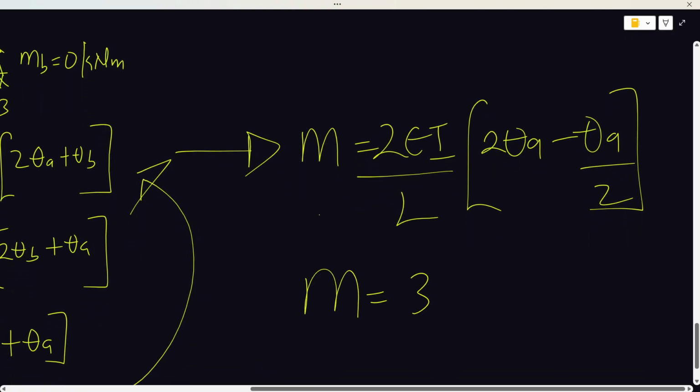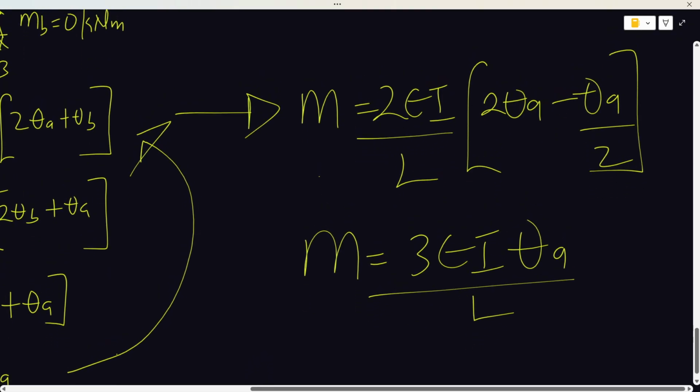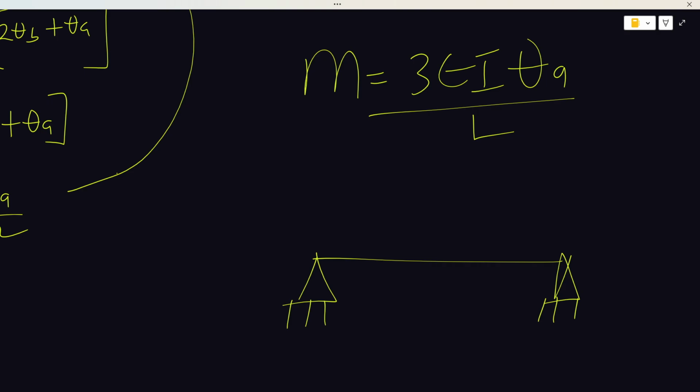So we have 3EI theta A over L. So it means that the applied moment for this condition, where the near end and the far end are both inch, at this point will be 3EI theta A over L. Please follow me. A is a subscript, please.